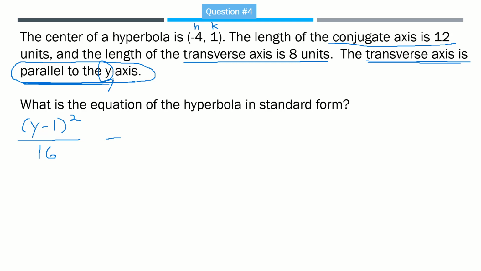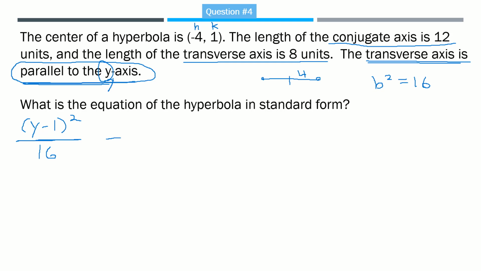So we put y minus 1 squared, and then the 16 comes from the transverse axis. The entire length is 8, so half of that is 4. That's going to be our b. If we square 4, we get 16.